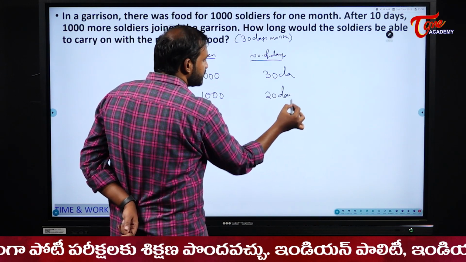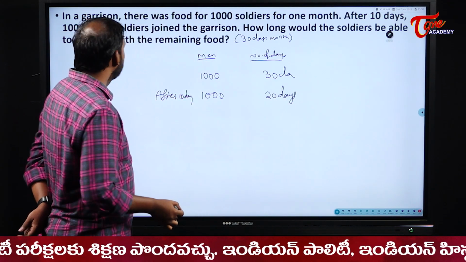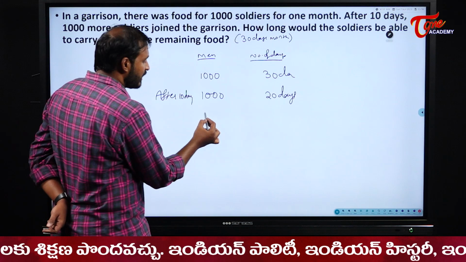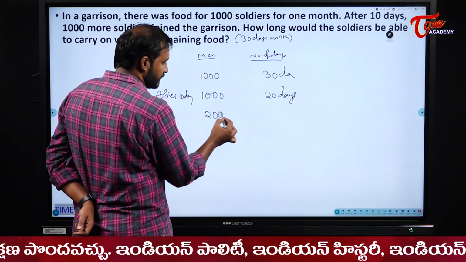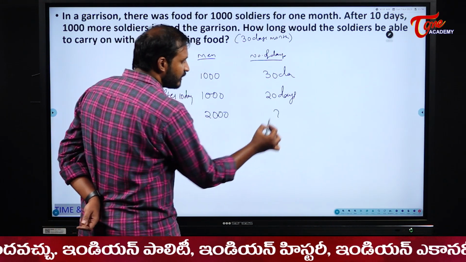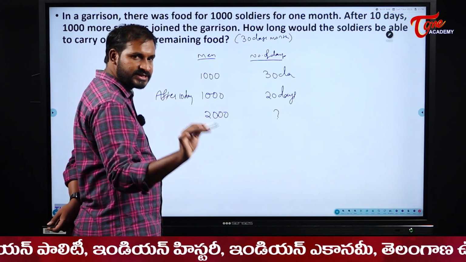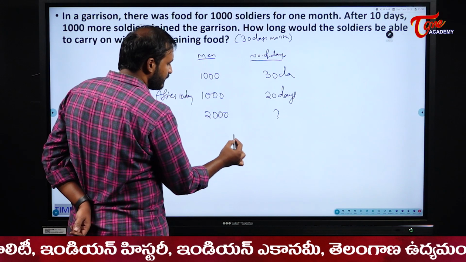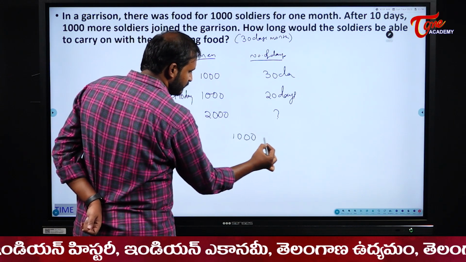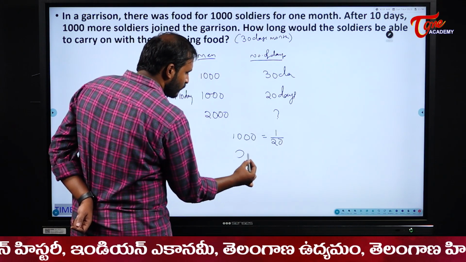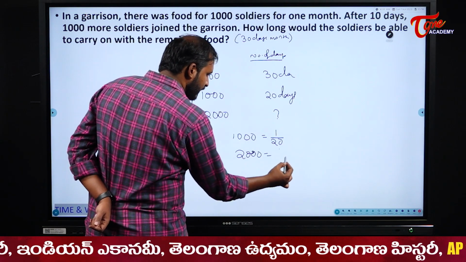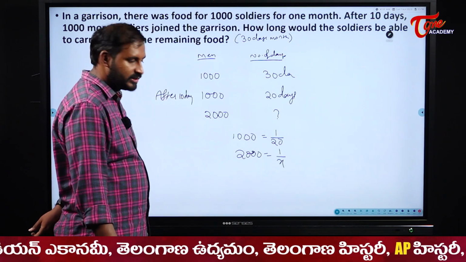But is that what is happening here? No. 1000 more soldiers came. That means what happened? Now the new strength became what? 2000. Then how many days will the food be left? As usual, this is double, so this will become half. You can say 10 days directly. But to make it perfect, 1000 men is equal to 1 by 20. 2000 men is equal to 1 by x.